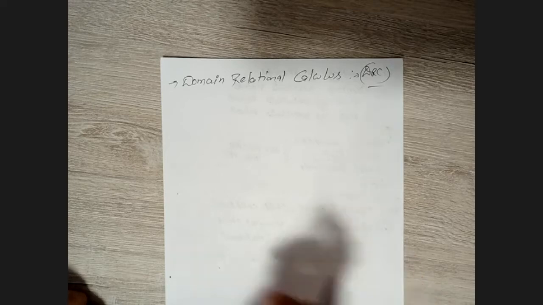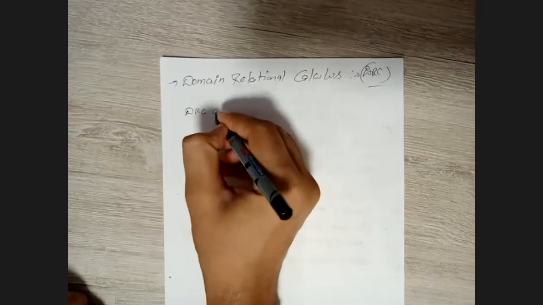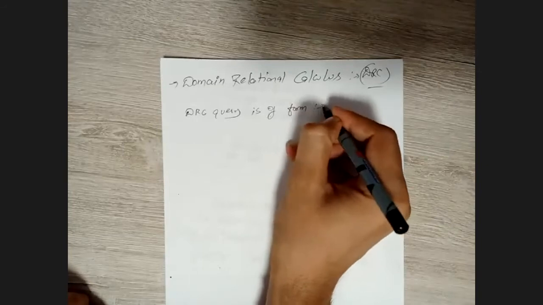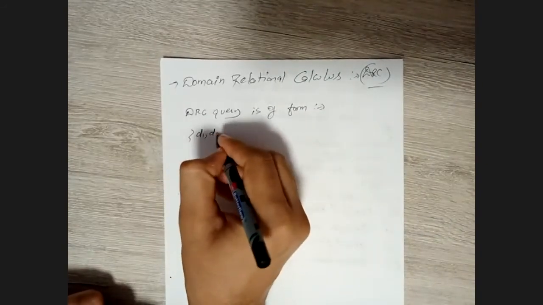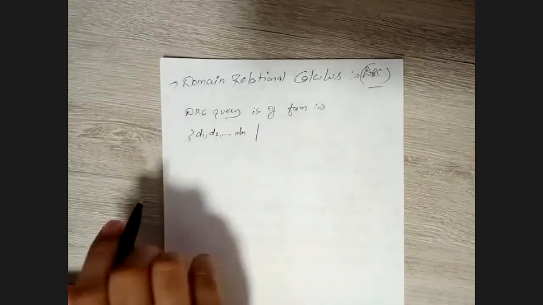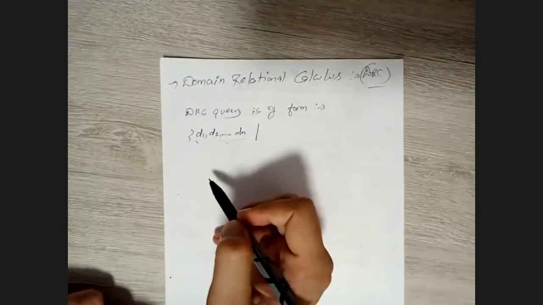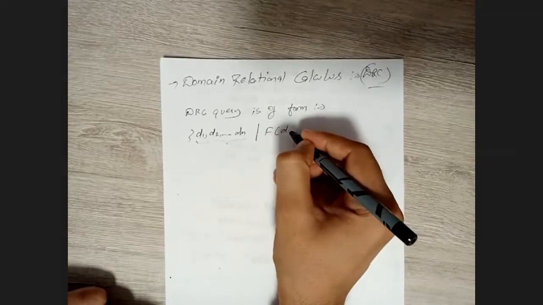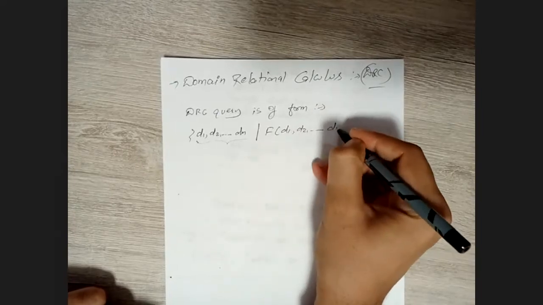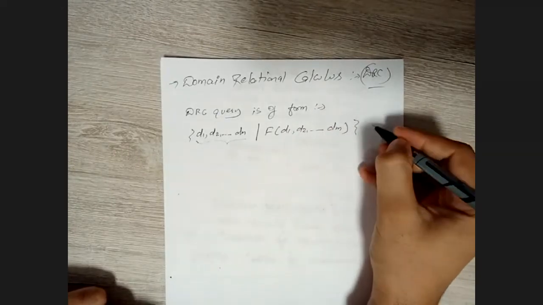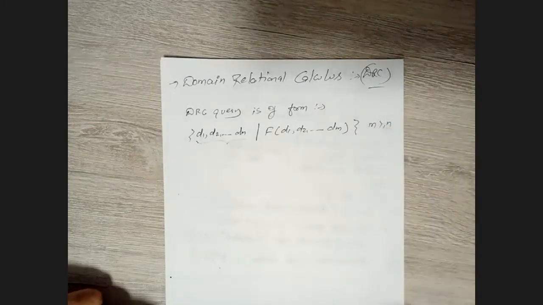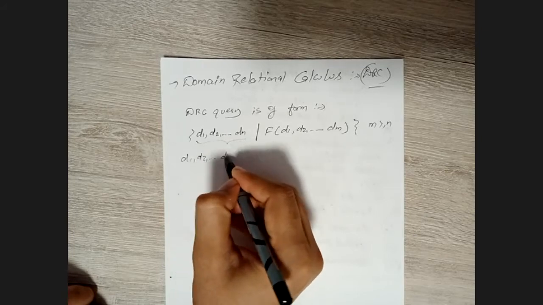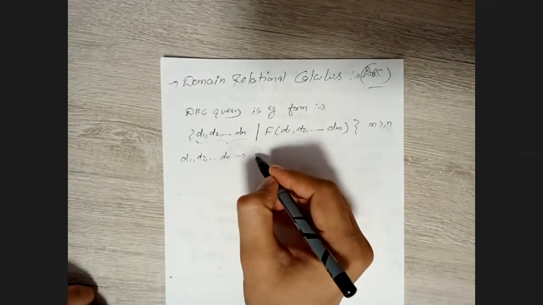So what should be the generalized form for our DRC? Any DRC query is of the form: D1, D2, and so on till Dn. This is our first part, very similar to your TRC. Then we have some function f of D1, D2, and so on till Dm, where m should be greater than or equal to n. These D1 to Dn represent your domain variables.